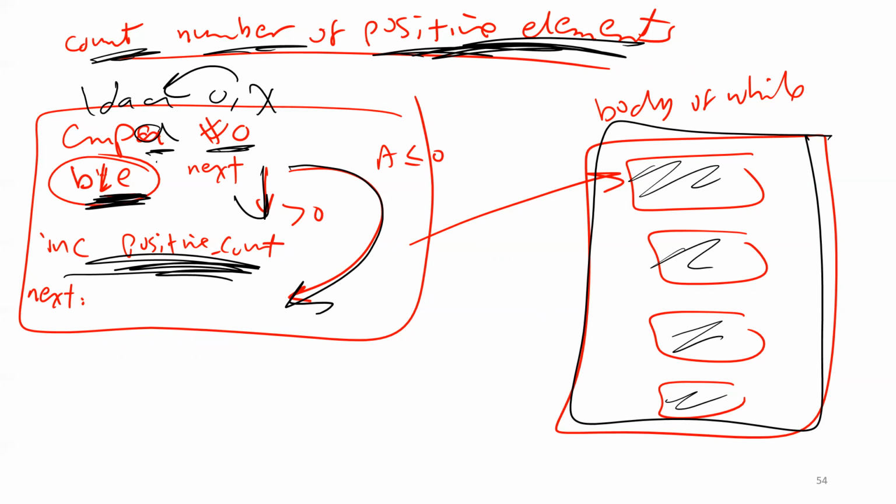Because for positive, I'm not going to consider 0. Again, if you want to consider 0 positive, that's okay. It's not a big deal. This is not a math course anyway. But usually, what I did here means I'm not going to count 0 as a positive number.